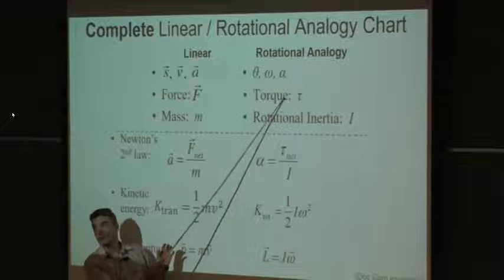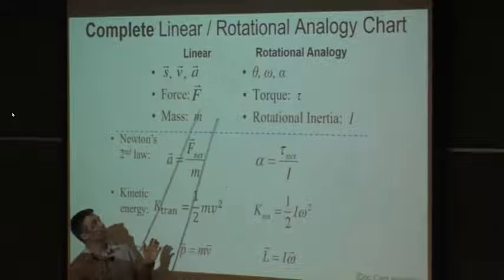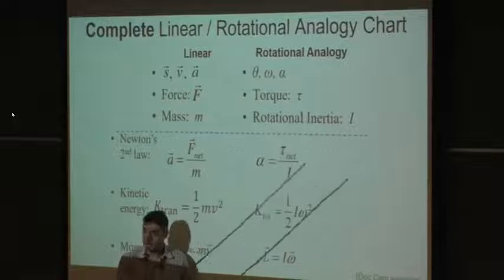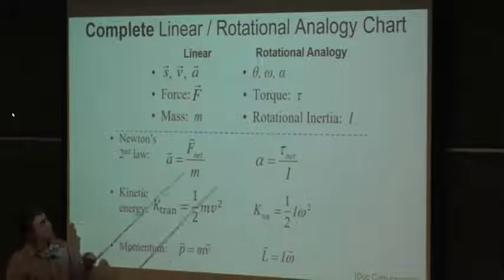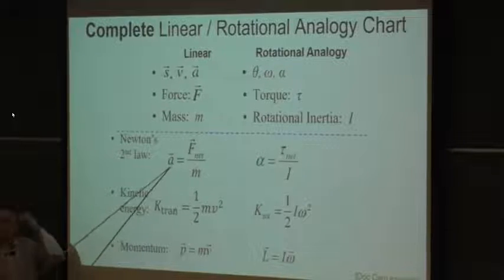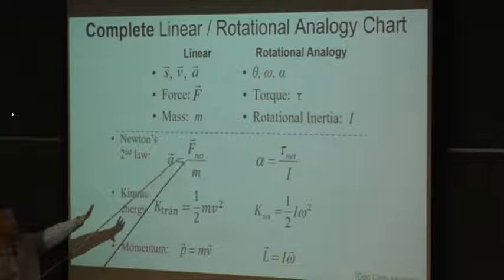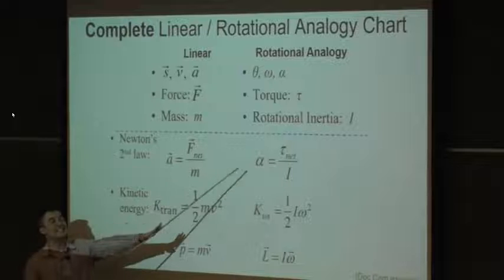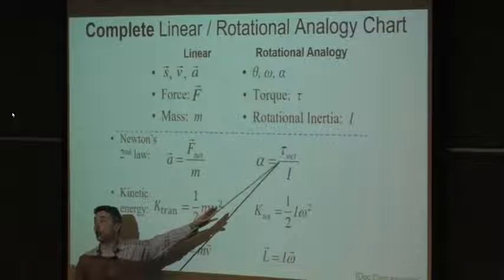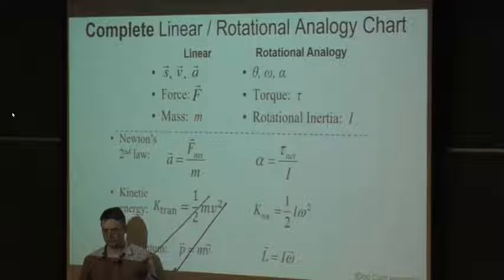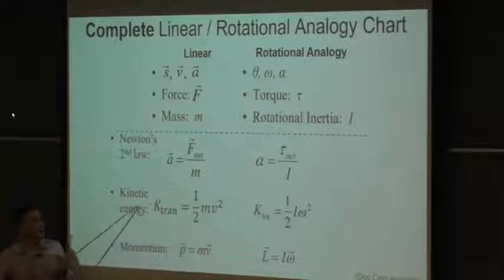Force goes to newtons times meters for some reason. Mass goes to kilograms times meters squared for some reason. And when you do all that, you get Newton's second law, which used to be that acceleration is force divided by mass. Now you get that the angular acceleration is the net torque divided by rotational inertia. And now we've got kinetic energy.